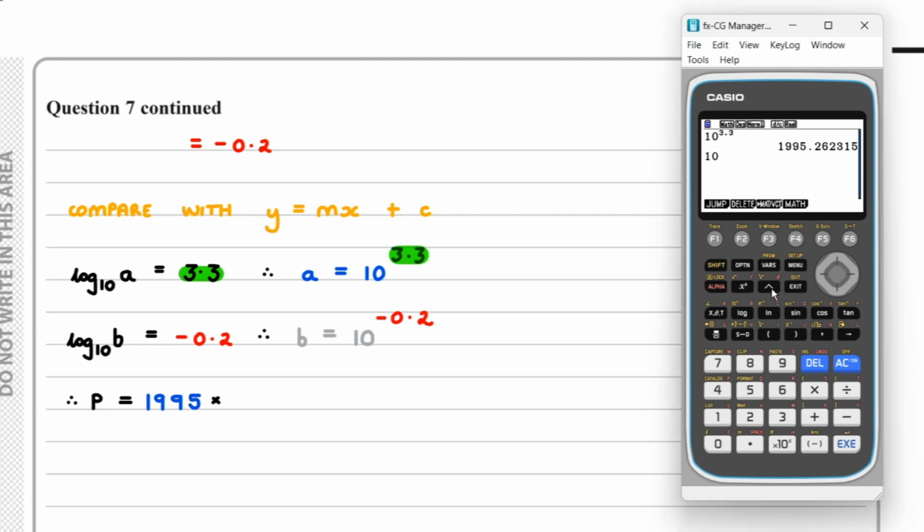So 10 to the negative 0.2 is 0.63095, etc. So to 4 significant figures we've got 0.6310, and this is to the x power. So p equals 1995 multiplied by 0.6310 to the x, to 4 significant figures.